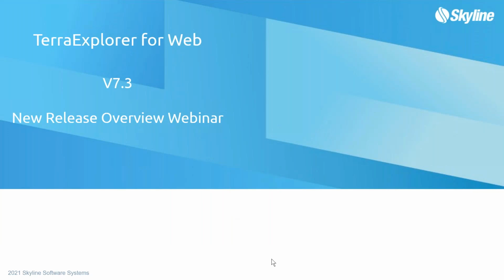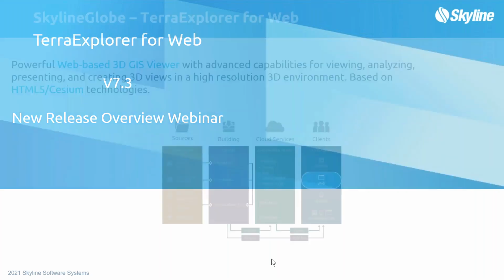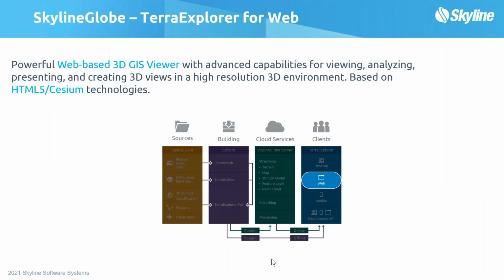This first half hour or so was about the Sky and Globe server. Now, Sky and Globe server also packages inside it essentially another product, which is TerraExplorer for Web. TerraExplorer for Web is our plugin-free viewer that reads all the data from Sky and Globe server and presents it in an interactive way in the user's browser.